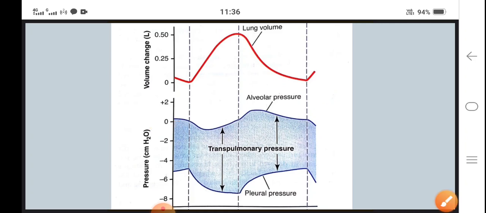What we are saying is that the alveolar pressure is equal to atmospheric pressure, which is 0.